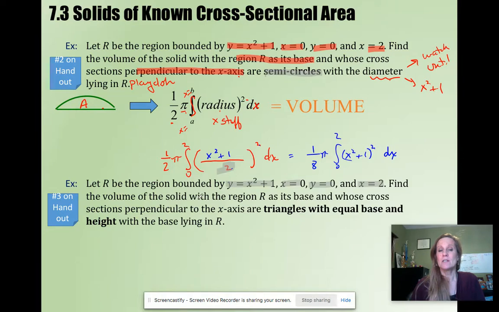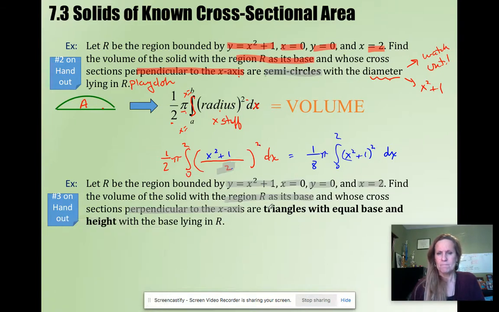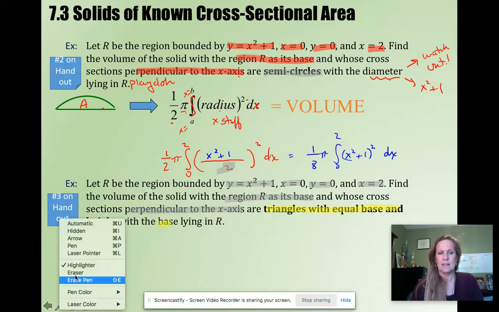The region is being used as a base. The region is not being revolved anywhere. I'm going to put shapes in my Play-Doh that are perpendicular to the x-axis. But this time, I have a triangle whose base and height are equal, and the base is lying in the Play-Doh.